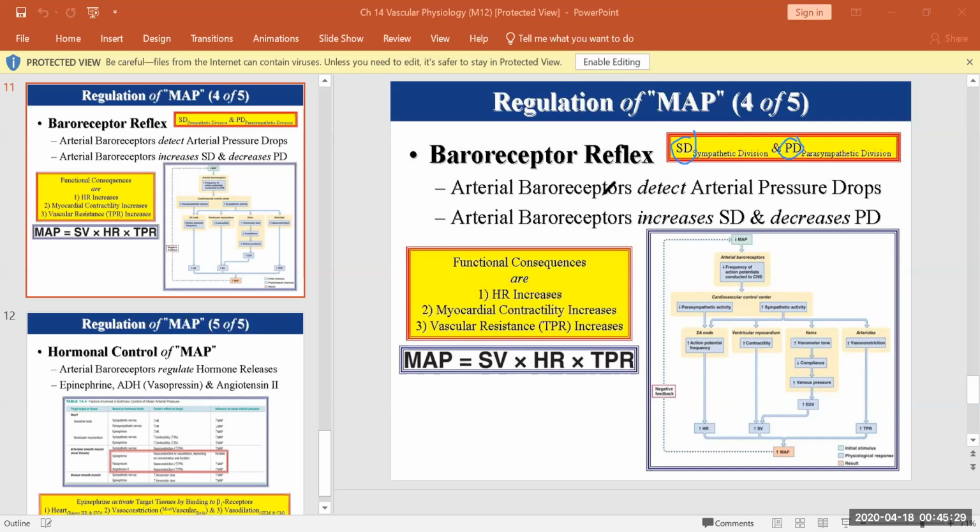So arterial baroreceptor, it's detecting arterial pressure drops. Arterial receptor increases SD and decreases PD, meaning these receptors activate, mobilize the sympathetic division and then put to sleep the parasympathetic division. Every time that they detect a pressure change in our blood vessels, specifically in the aortic arch and in the carotid sinuses.